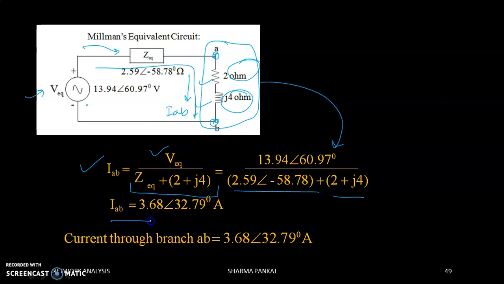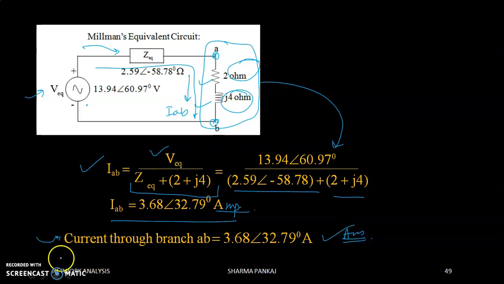Calculate this by using a calculator. You will get IAB is equal to 3.68 angle 32.79 degree ampere. So the current through branch AB is 3.68 angle 32.79 degree ampere. This is your answer.